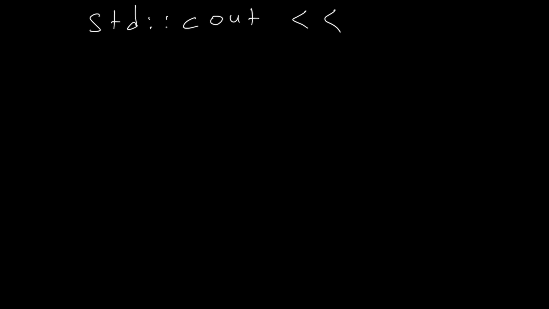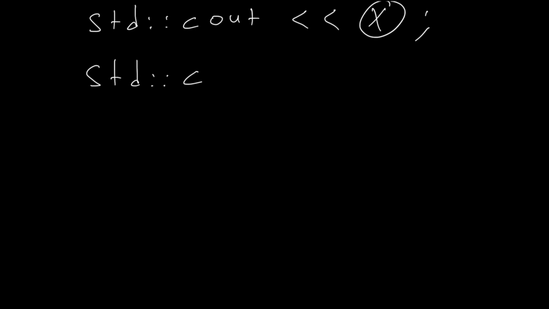We can do this, and here we can print a variable, let's print the x variable here, for instance. Also we can pipe it to a new line, or just leave it there without. Let's add the semicolon.